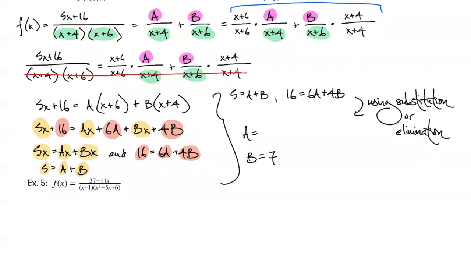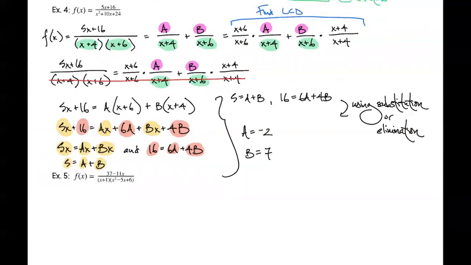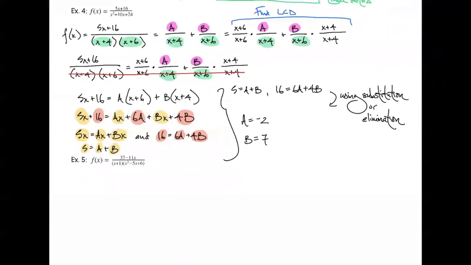So b equals 7. I think we can do a quick substitution, maybe back into this first one. You get a is -2, right? Now what that means is we have our setup for our answer, and all we would need to do is go ahead and put back in -2 for a and 7 for b.